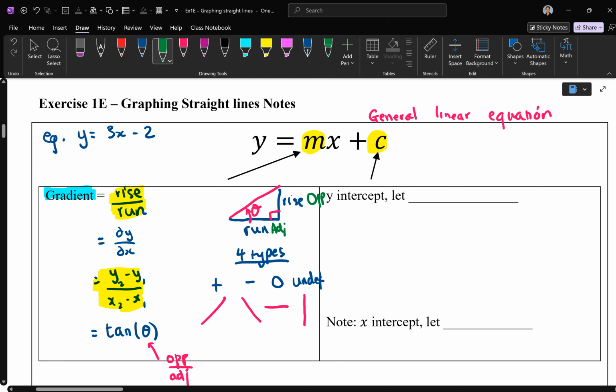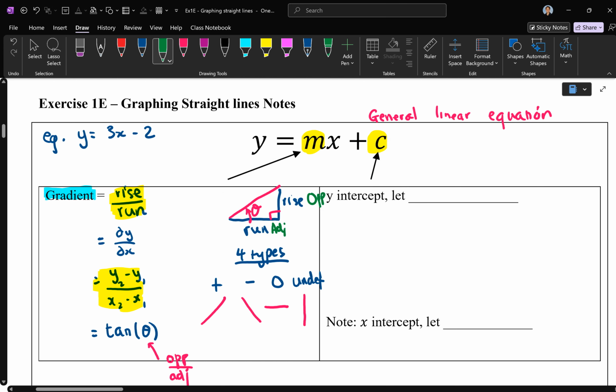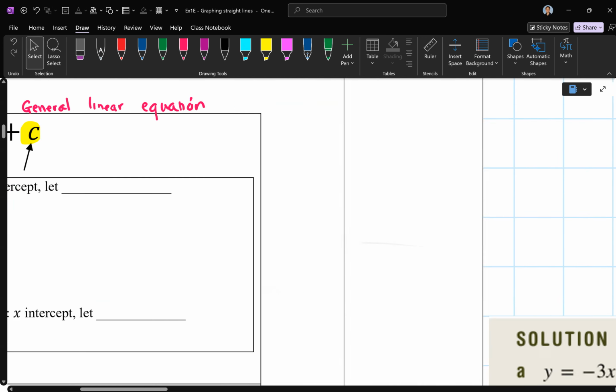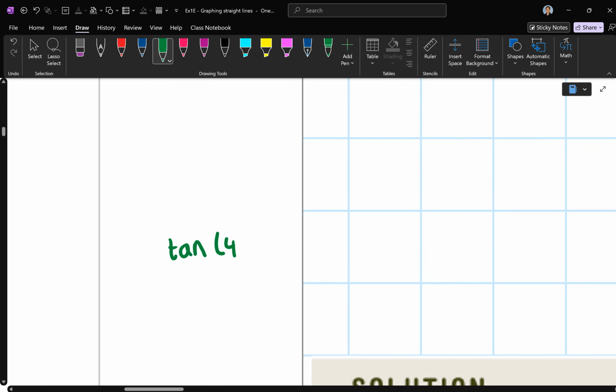So that's why tan of an angle, when you type on your calculator, tan of, say, 45 degrees, whatever number it spits out to you, what it's actually saying is it's the gradient. So for example, I'm just going to draw on the side here. If I said tan of 45 degrees, what you're actually saying to the calculator is this.